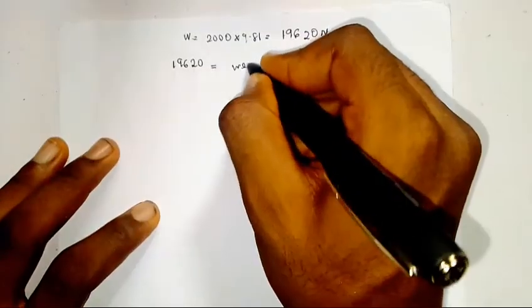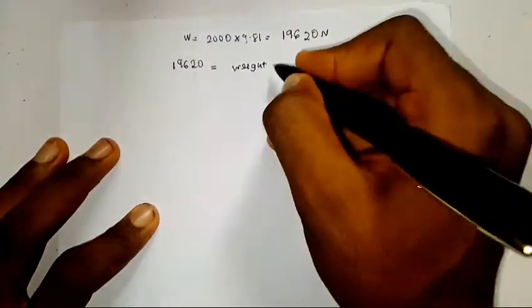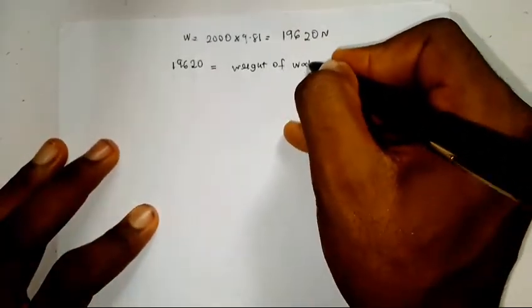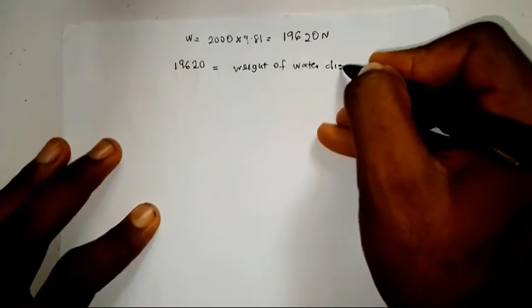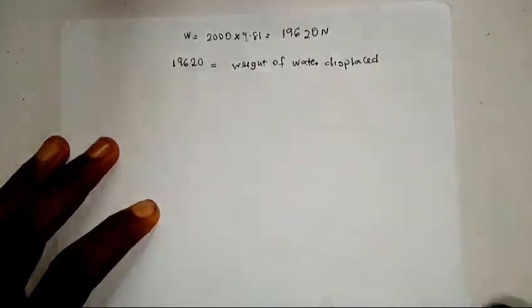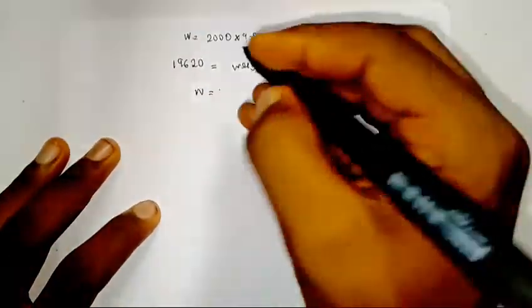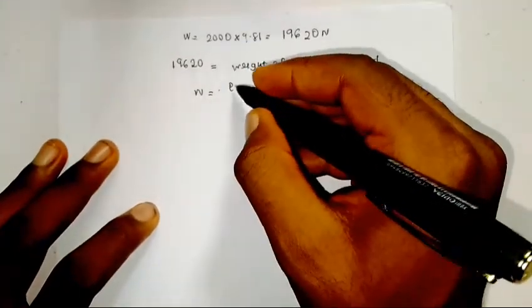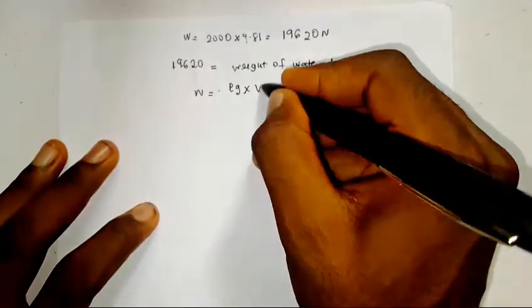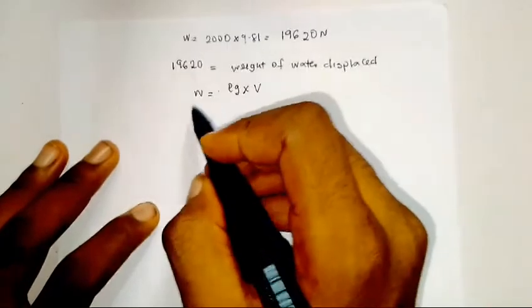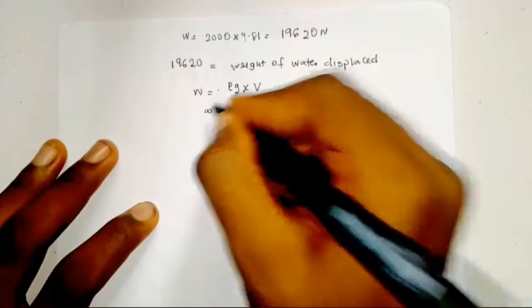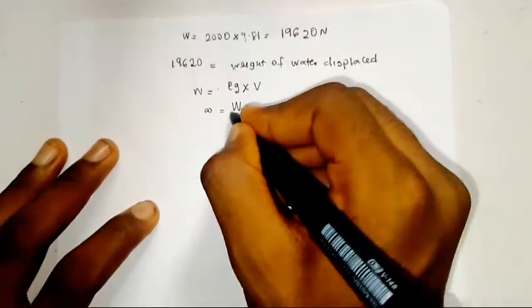So the weight of the cylinder, 19620 Newton, is equal to the weight of water displaced. Now, what is the weight of water displaced? You know that weight is equal to weight density times volume, because weight density is equal to weight over volume.